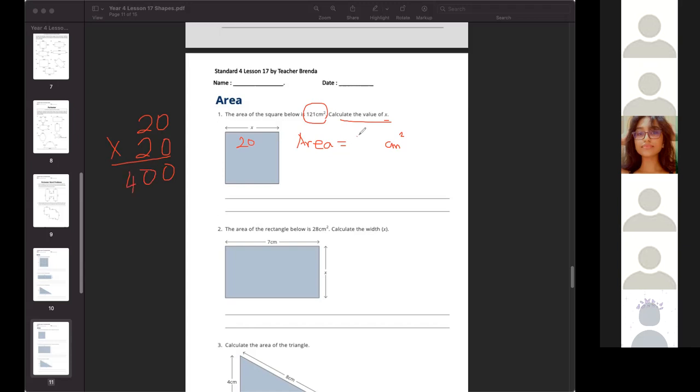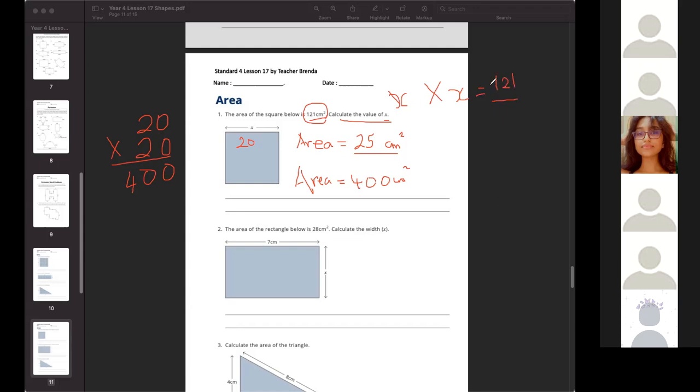Wow. Earlier, with 5, my area was 25 centimeters squared. Now, I tried with 20. My area became 400 centimeters squared. So, how do I get a precise answer? What is x? X must multiply by x, and you must get the answer 121.